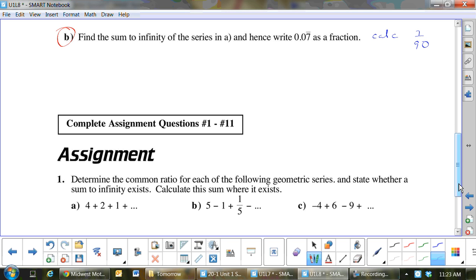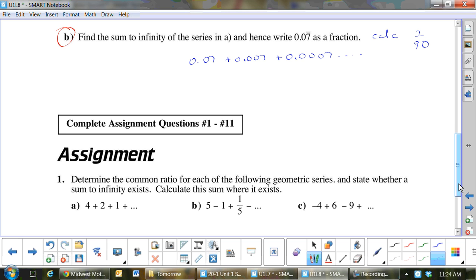Now, this is the same thing as 0.07 plus 0.007 plus 0.0007 dot dot dot, right? That's the same thing as above, is adding all those. So now I have made an infinite geometric series.